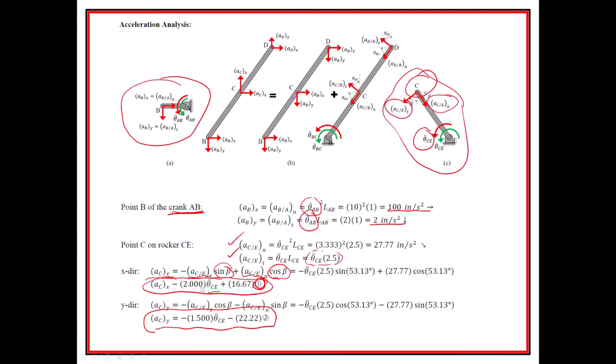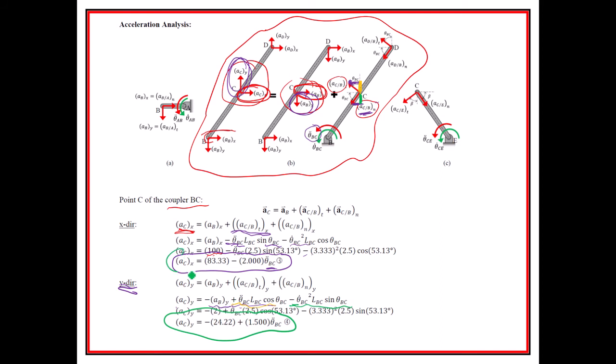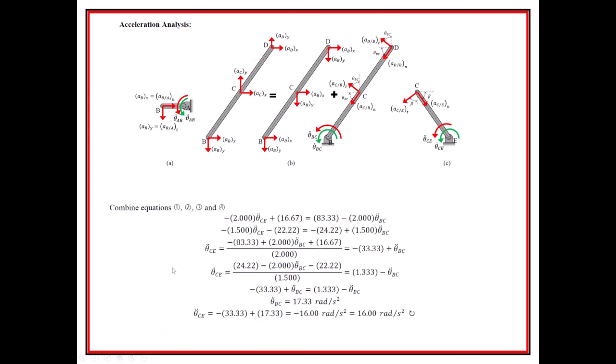But you notice that ACx and ACy, we can substitute those back in and equate those, and so now we have this equation to combine right in there, and we can solve for one of them.